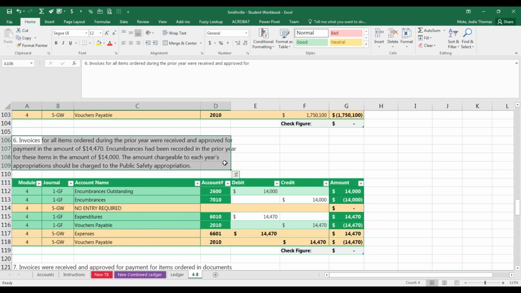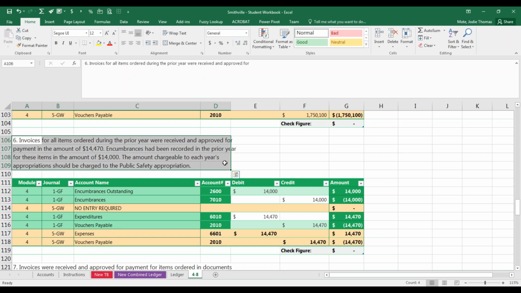Again, when you're recording the expense, you should record it to expenditures public safety or expenses public safety. And again, we're not going to drill down to that detail whenever we're doing these problems, but that's where that subsidiary ledger comes in, because when you put in expenditures, the subsidiary ledger is going to pop up, and that's where you put in expenditures dash public safety.